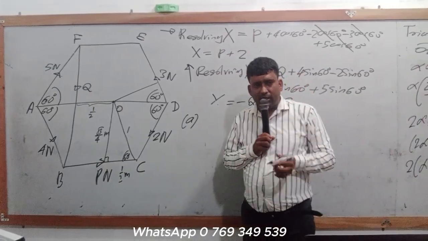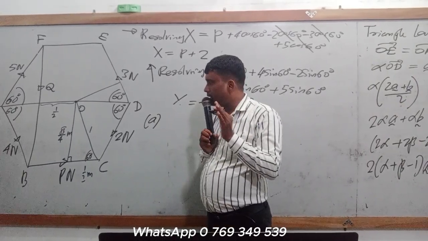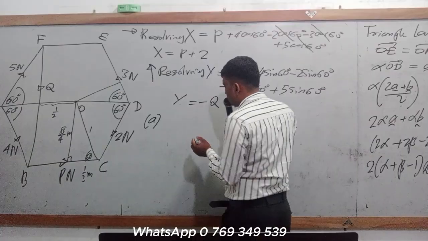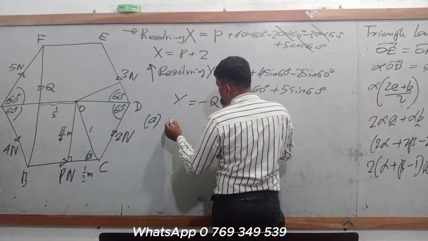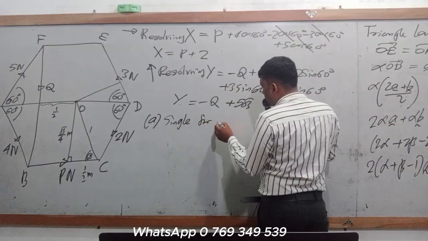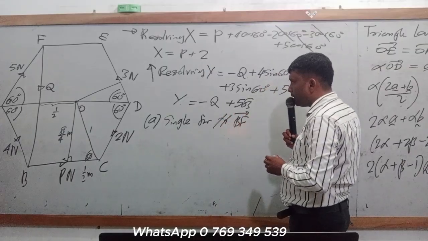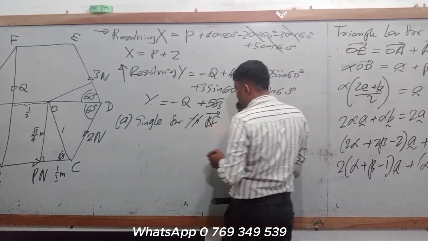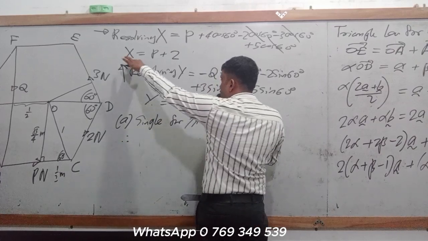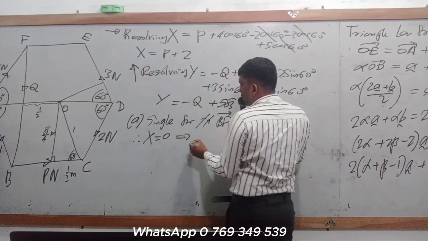Question A. The system of forces reduced to a single force of 6 Newton in a direction parallel to BF. Therefore, it is parallel to BF, so X should be 0. Therefore, P equals minus 2.